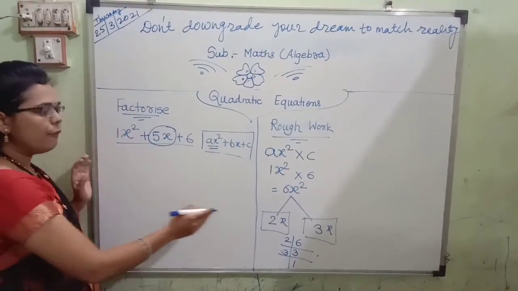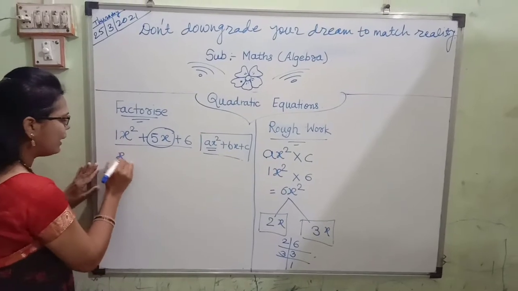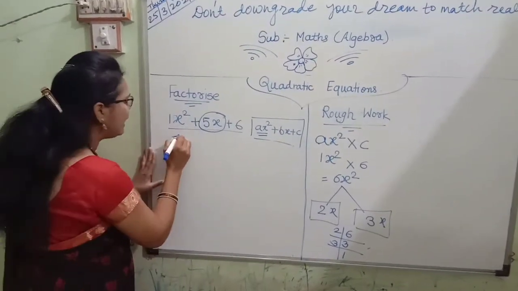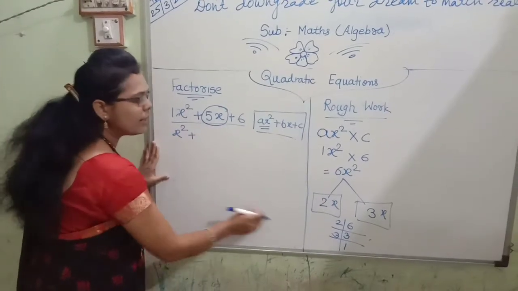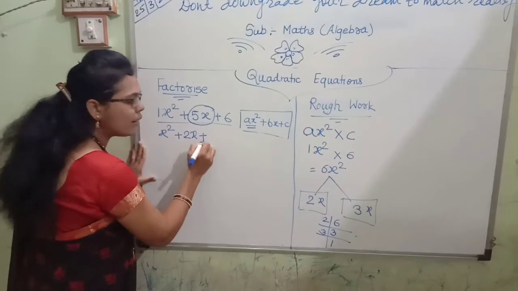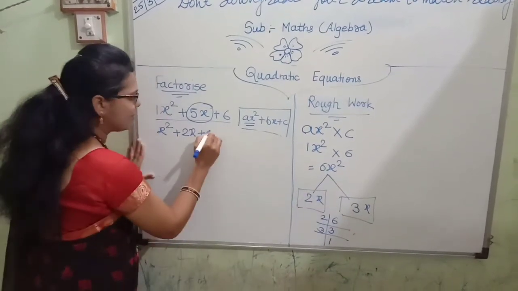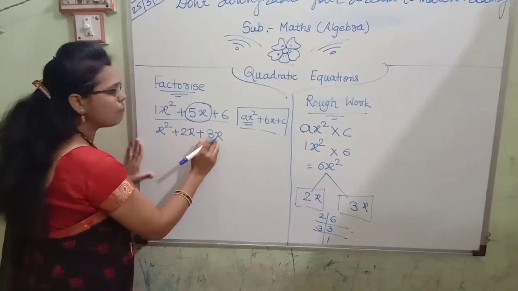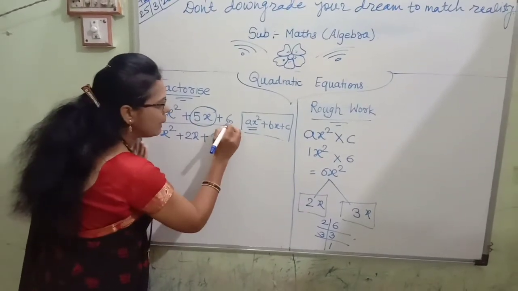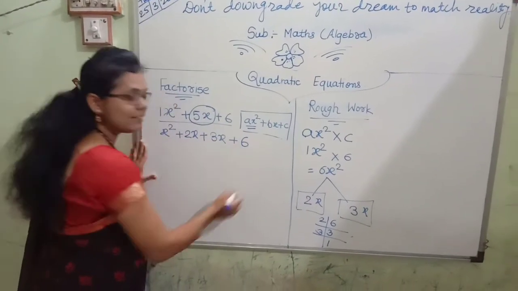So children, we have to write it now. Here there is no need to write 1x square, we can write it only as x square. x square plus what is the first factor? 2x. What is the second factor? 3x. And you know very well 2x plus 3x becomes 5x. Plus the remaining thing, that is c, 6.